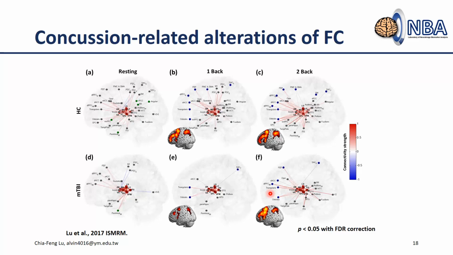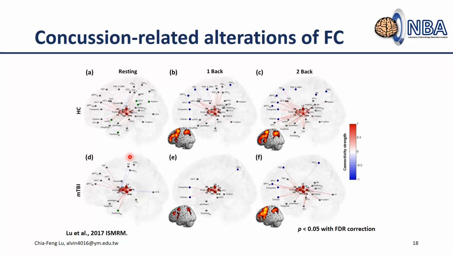That means the connectivity structure has already been disrupted or changed. And this may be the reason why the patient has the symptoms. But this is a kind of hidden information that you can only dig out using functional connectivity analysis, not using the traditional way.